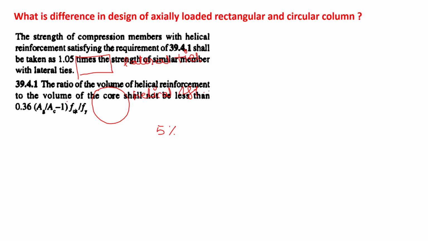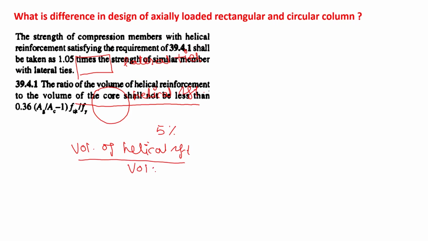So you can see this condition that is given: volume of helical reinforcement upon volume of core should be greater than 0.36 Ag upon Ac, where Ac is area of core, into fck upon Fy.